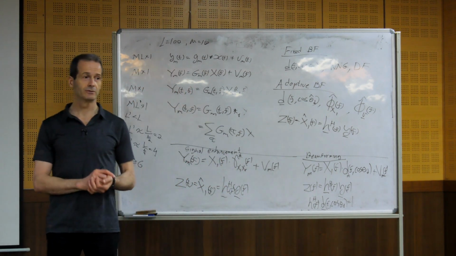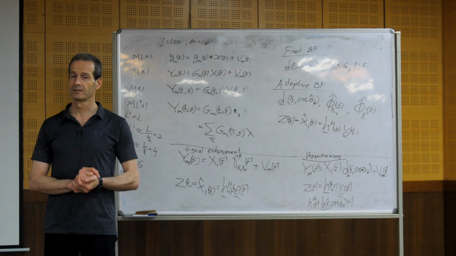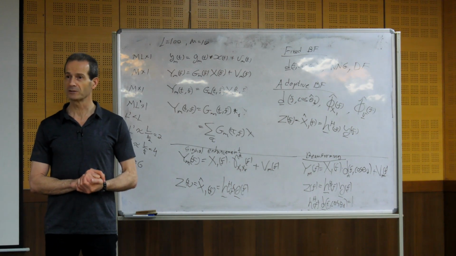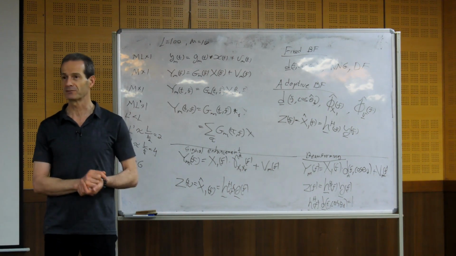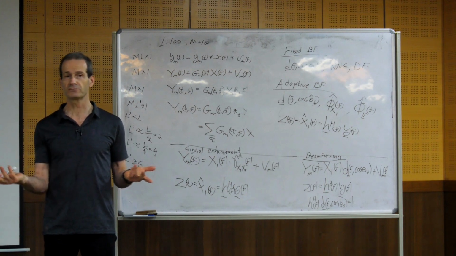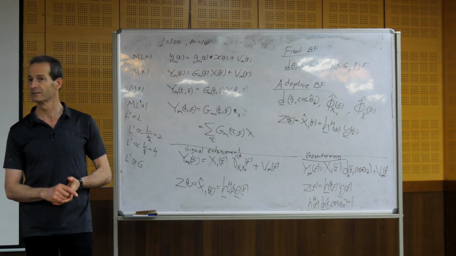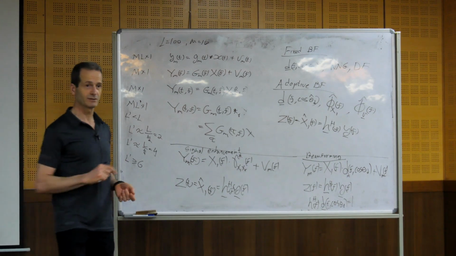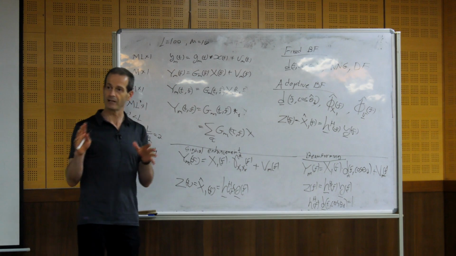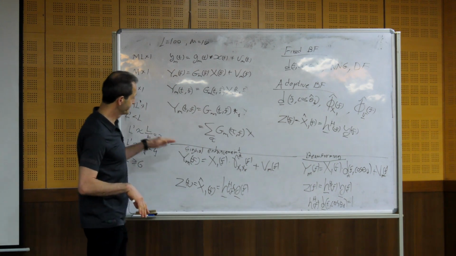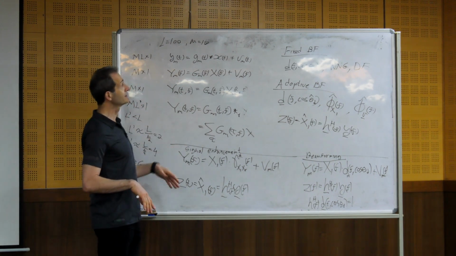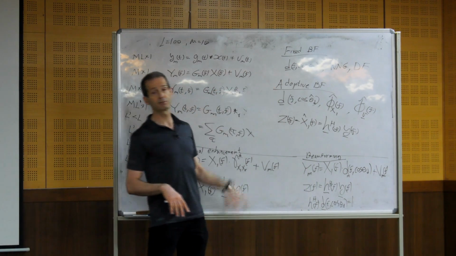So this is the difference. Now that you know this difference, ask people who work in array processing if they understand it. Ask them, what's the difference between adaptive beamforming and multi-channel signal enhancement? It's not that obvious. But now you know the differences between multi-channel signal enhancement, fixed beamforming, and adaptive beamforming.